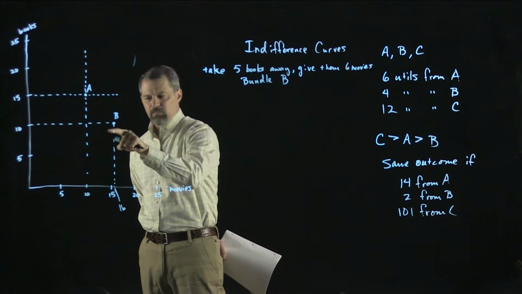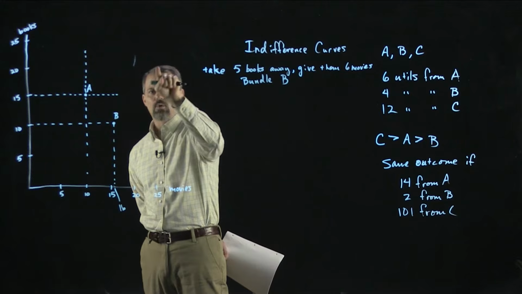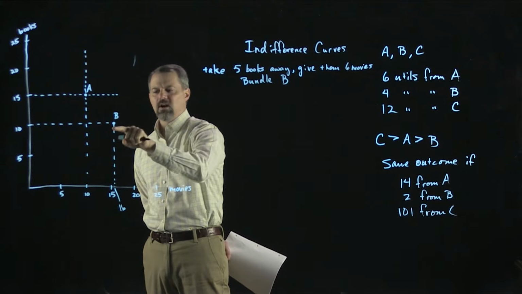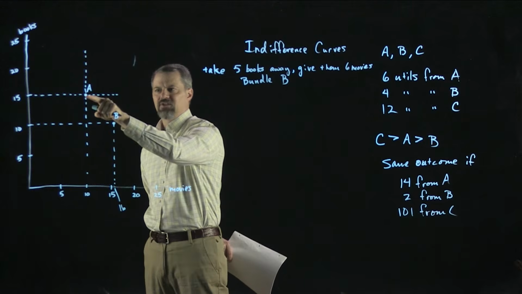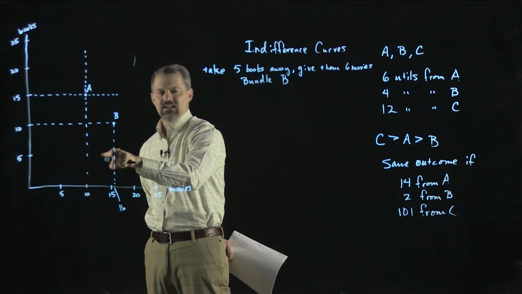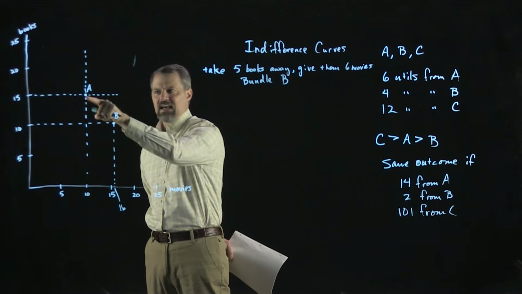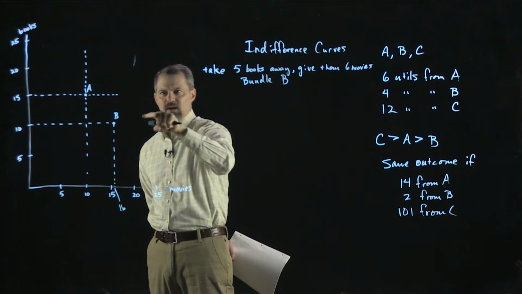Of course, we can compare these bundles to B, and we can compare bundles up here to the northwest of B, but we can also compare these bundles to A, because we know that the consumer is indifferent between A and B, and they like B more than any of these bundles, so they like A more than any of these bundles. We also can talk about bundles up here.